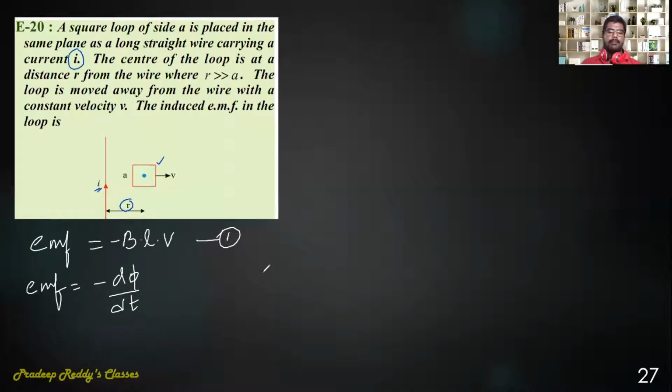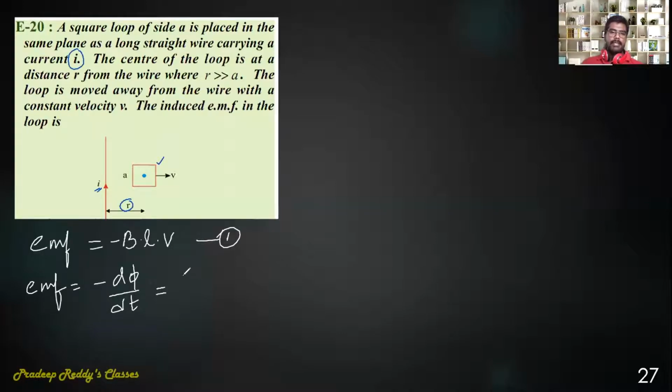Minus of d phi by dt, where phi is equal to B dot A. Here B is magnetic field, which is variable. Magnetic field is variable because when the coil is moving outward from the current carrying conductor, therefore magnetic field decreases.